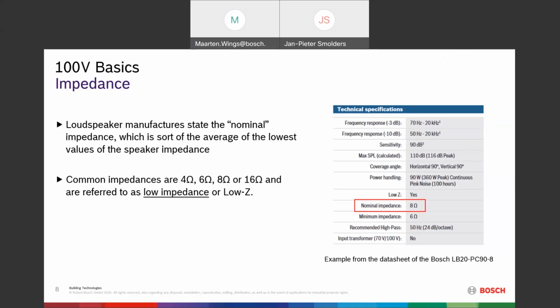The most common loudspeaker impedances are 4, 6, 8, or 16 ohm, and they are referred to as low impedance, or low Z. Z is the letter they use for impedance, where they use the letter R for resistance.